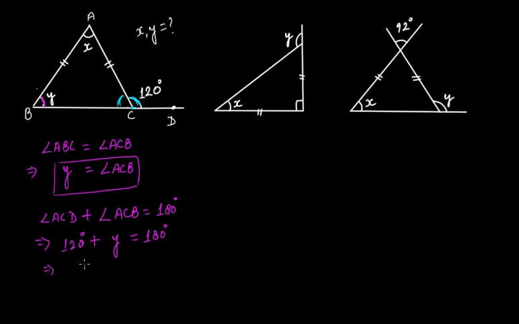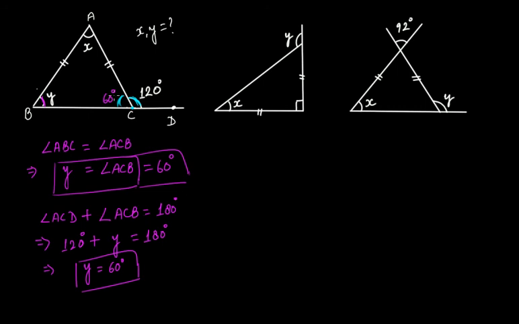If you solve it, you'll get y is equal to 180 degrees minus 120 degrees, which is 60 degrees. So angle ACB is 60 degrees, right? So y is equal to 60 degrees.